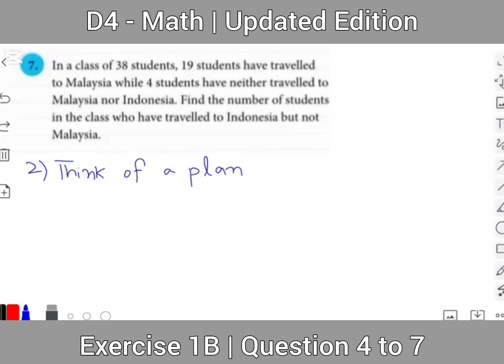So can we use a Venn diagram to help us and find the information easily? Yes, we can draw a Venn diagram to represent the sets.